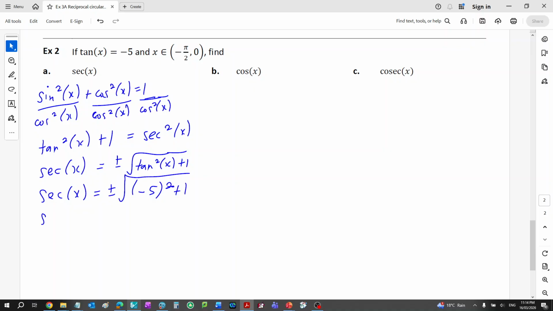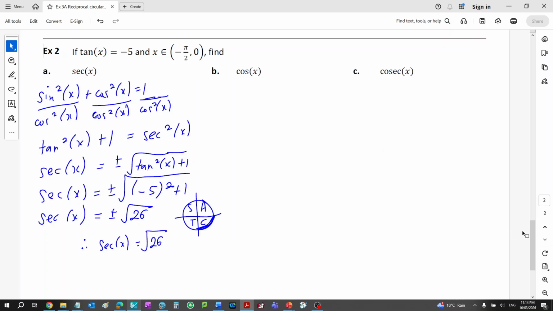So this is equal to plus or minus root 26. However, let's just draw a unit circle like this. We're in quadrant 4, we're here. And because sec is 1 over cos, we are going to be positive here. And so therefore my final answer is sec x is root 26.